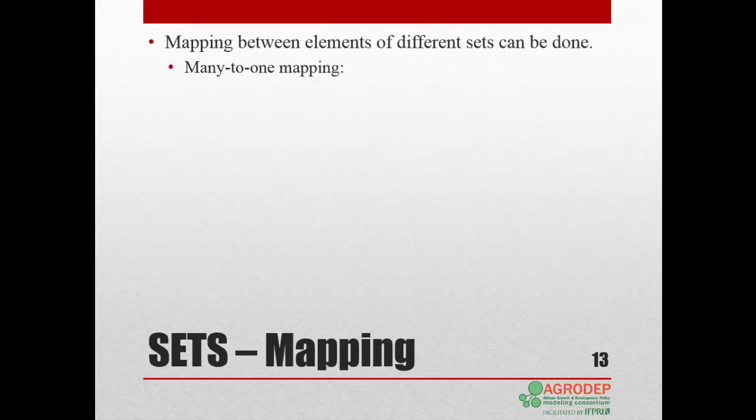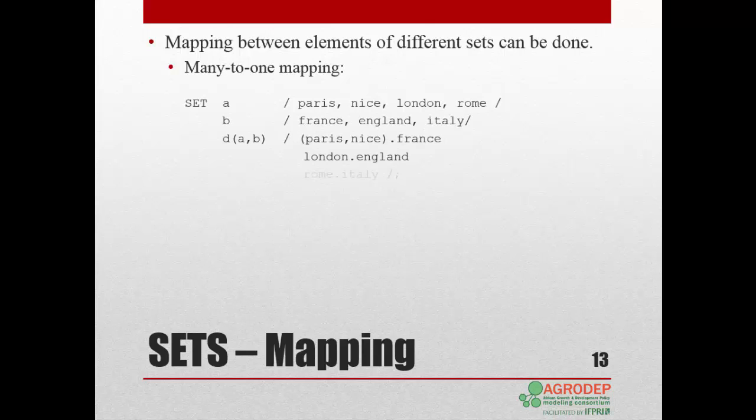We can also have many-to-one mapping between elements of different sets. We have added to the set A the city Nice, and we want to map cities to the corresponding countries. The definition of the sets is similar to the previous one, but now note that the first element of set D maps the two cities, Paris and Nice, to France.